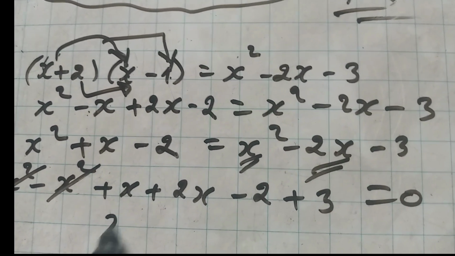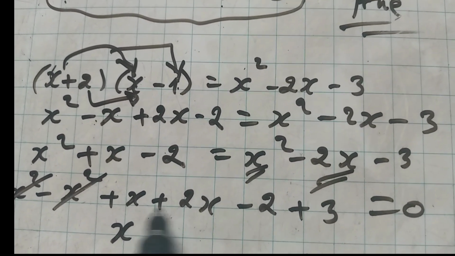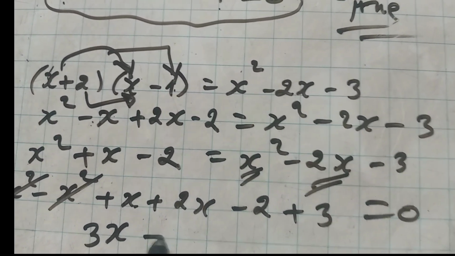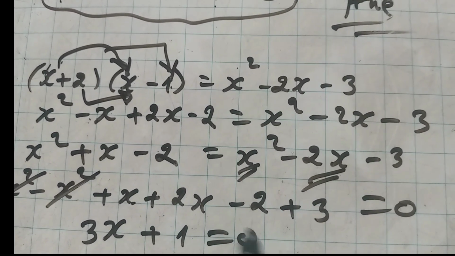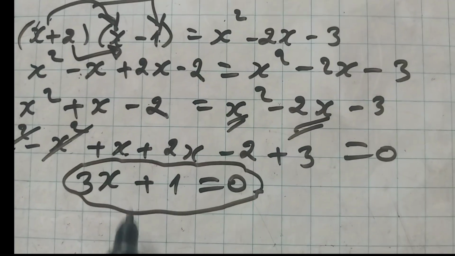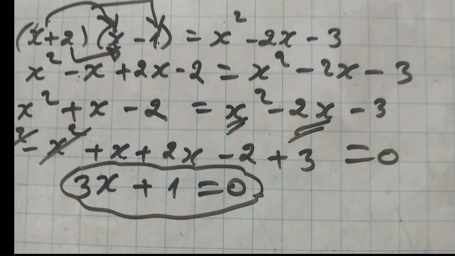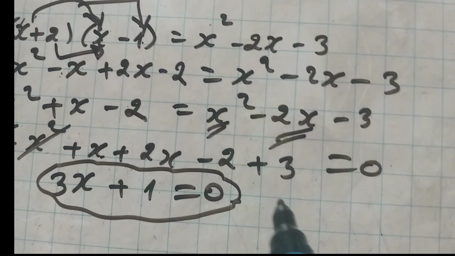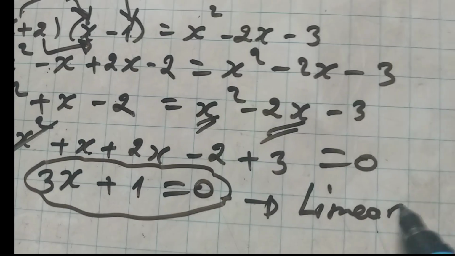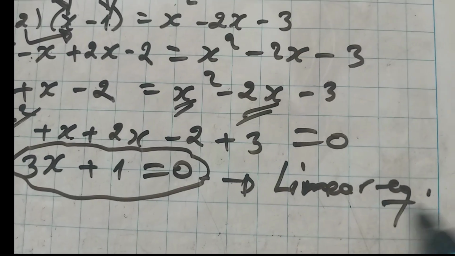So we have 3x plus 1, which is equal to 0. You see? This is not a quadratic equation because it is linear. It is a linear equation.